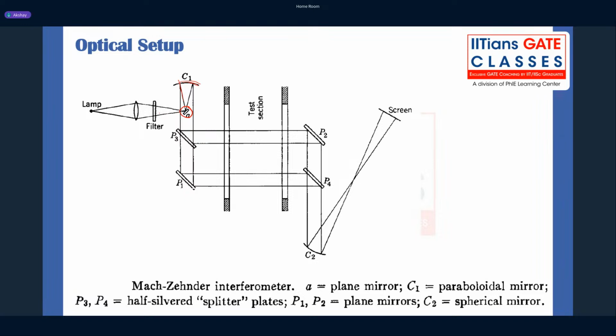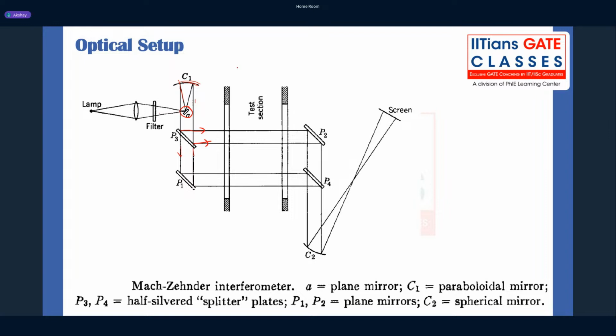Then that will become parallel. And now you use a special kind of mirror which partially allows the light to pass through and partially deflects it. So part of the light will deflect and part of the light will pass through. This is exactly what you use in the double slit experiment also.